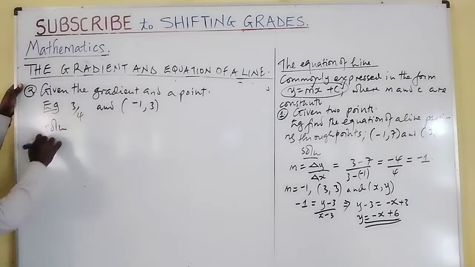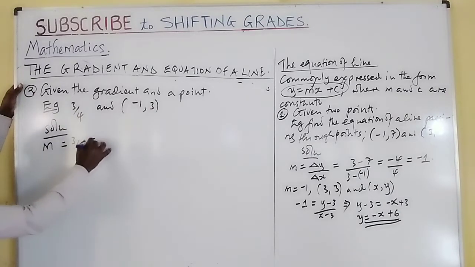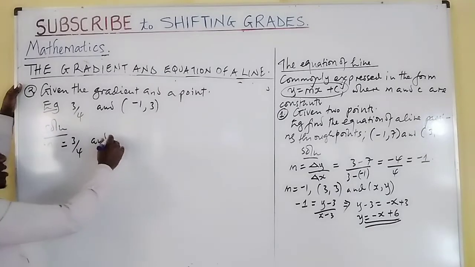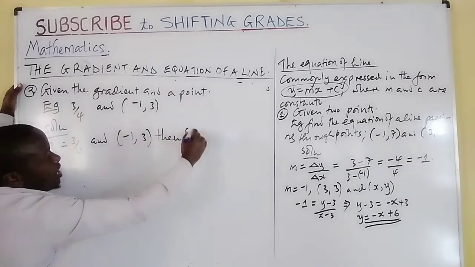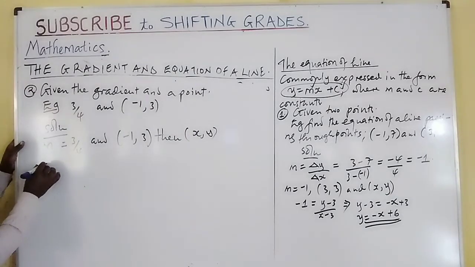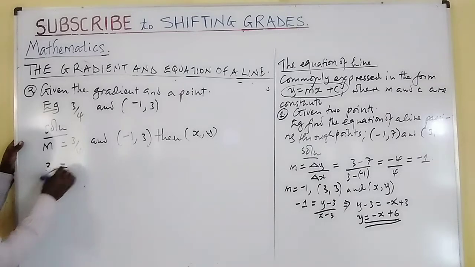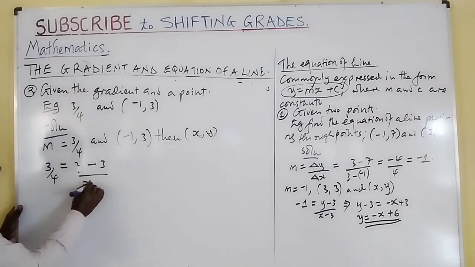Solution. The gradient is given already, and the given point, then we let another unknown point be (x, y), and now we re-express the gradient. Gradient is equal to y minus 3 all over x minus (-1), which becomes x plus 1.